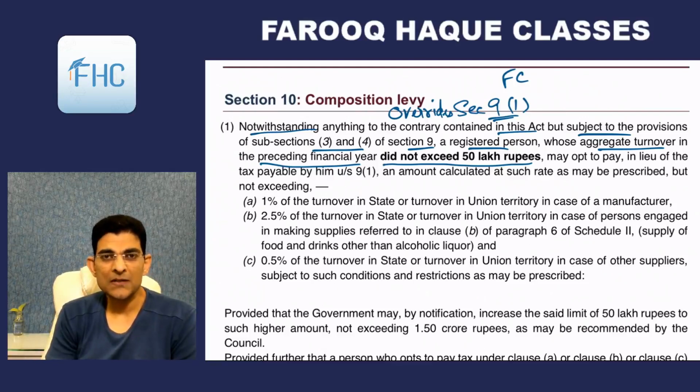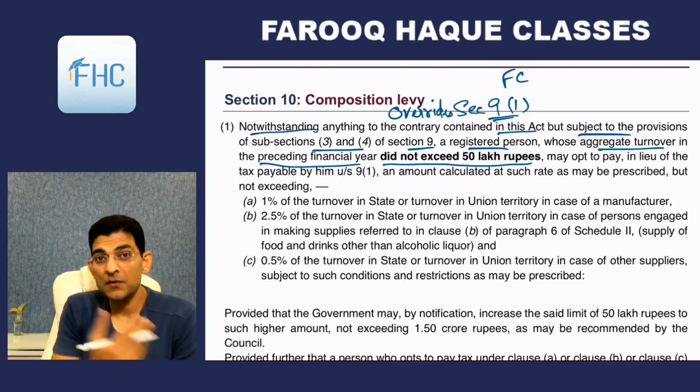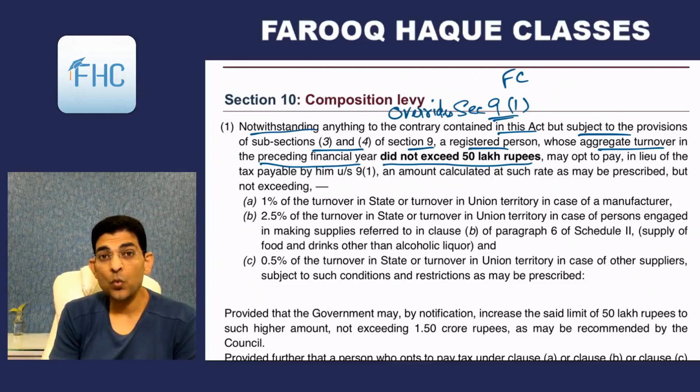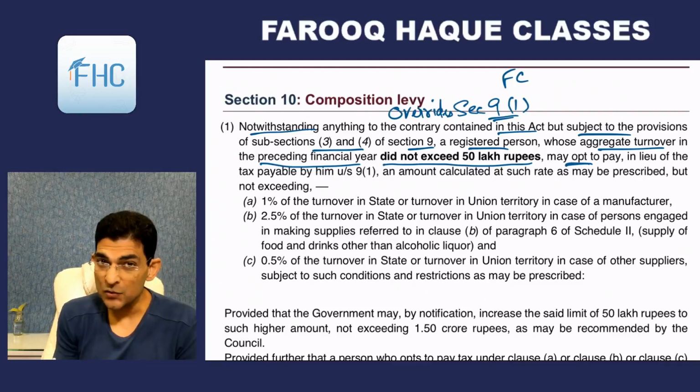We'll see that proviso which says that the government can extend this amount, or you can say expand that amount from 50 lakhs up to 1.5 crores. Okay, and which they have done practically. So did not exceed 50 lakhs in the preceding financial year, may opt to pay. So this is optional section. Okay, may opt to pay in lieu of the tax payable by him under section 9(1).